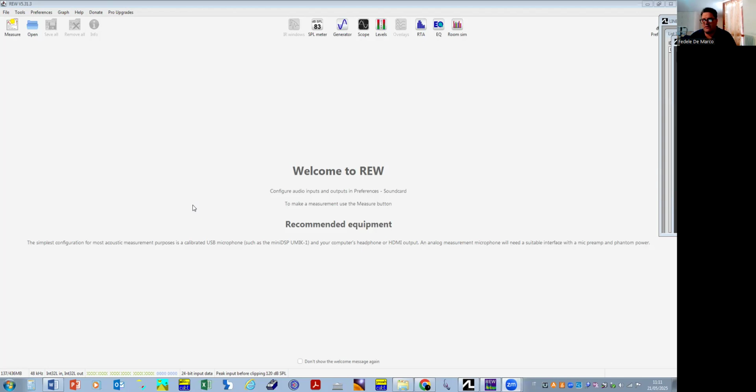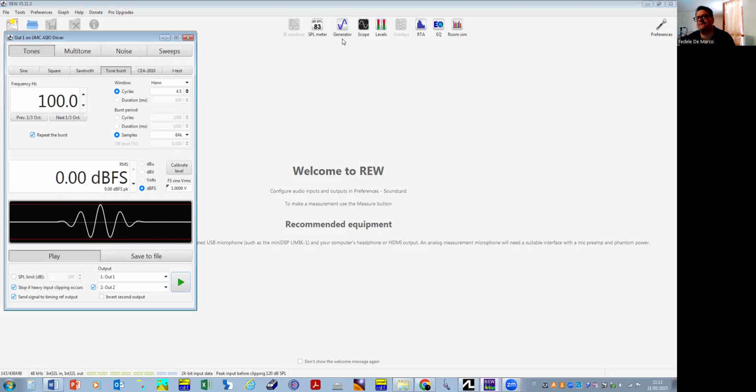And I want to show you how to align a time domain, a sound system, with the REW Wizard, using, I'm sharing the screen, yes, I think so, using these two tools, simples. We are in real-time modality, okay, a generator and a scope.